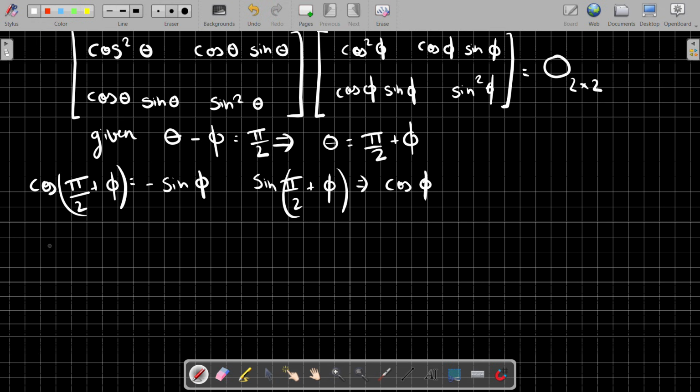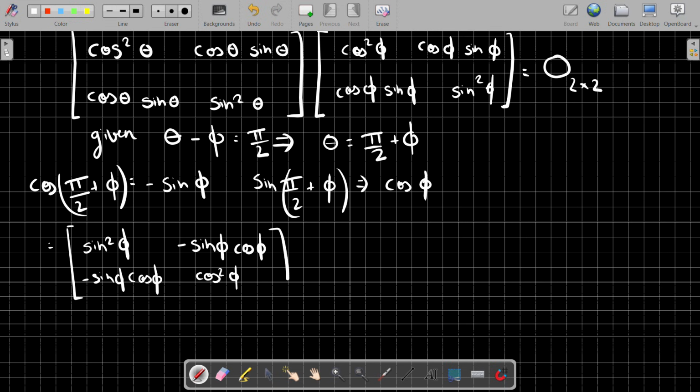So using these two substitutions, our first matrix becomes sine squared phi, minus sine phi cos phi, minus sine phi cos phi, and cos squared phi.